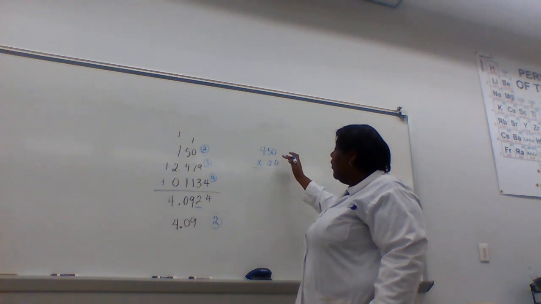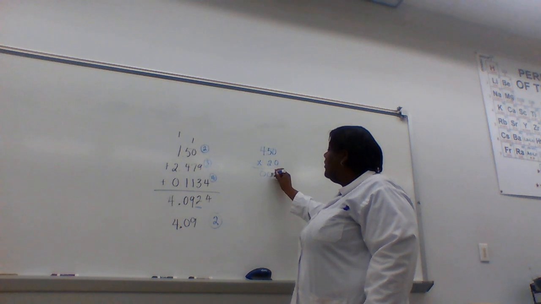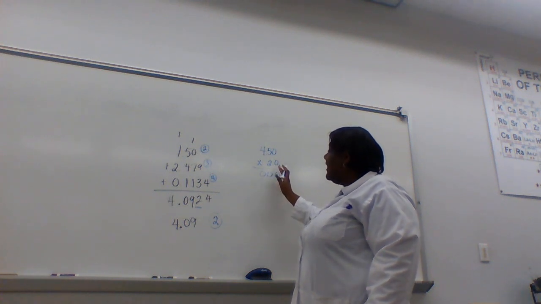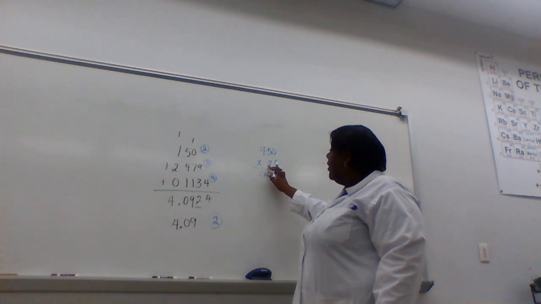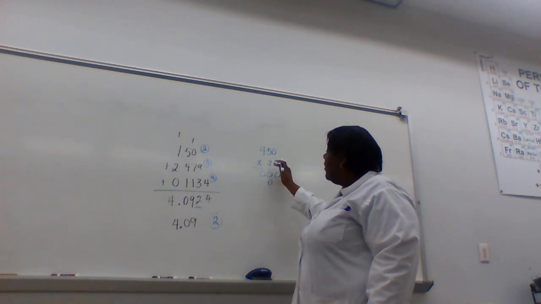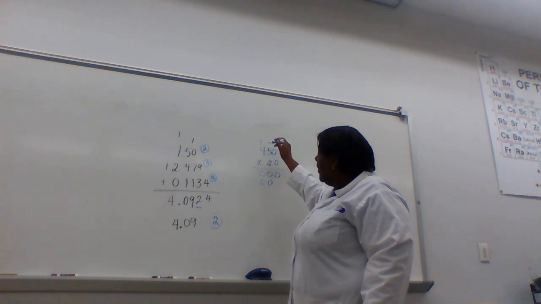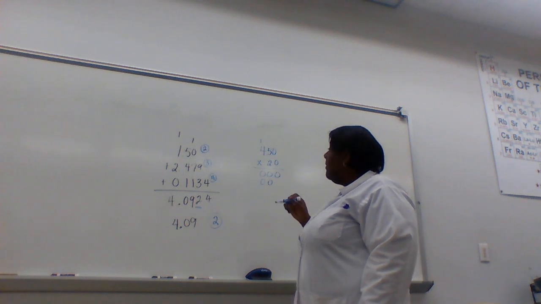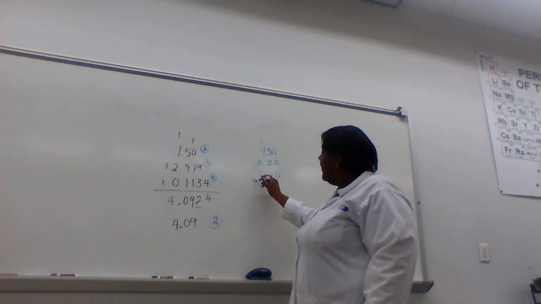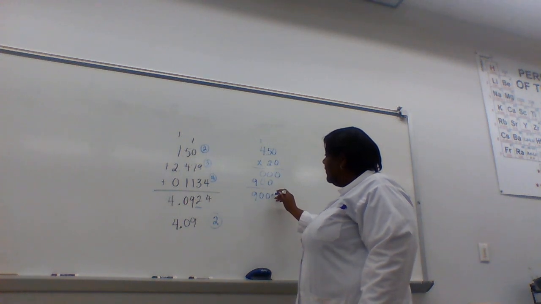So when we do that, we notice 0 times all of that is going to give us all zeros on the first row. Then I move over one place, since I'm now multiplying by the 2. 2 times 0 gives me 0. 2 times 5 is 10. I add the 0, carry the 1. 4 times 2 is 8, plus that 1 gives me 9. And then I just add up my digits.